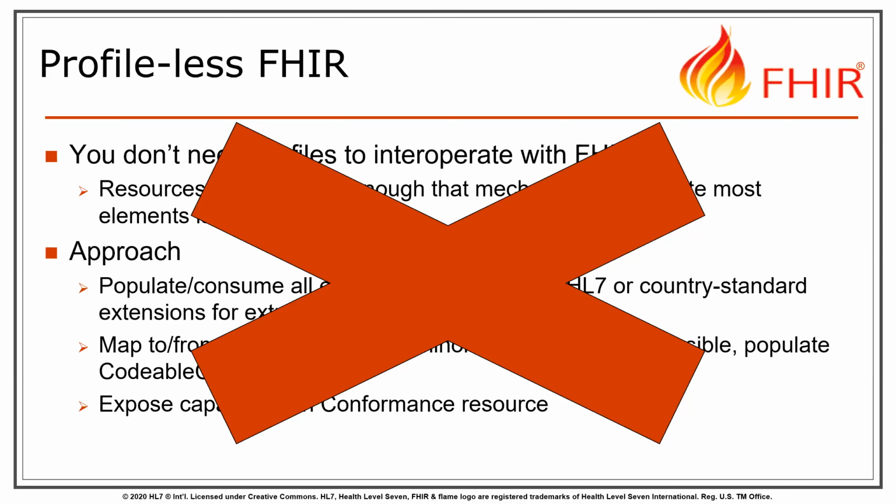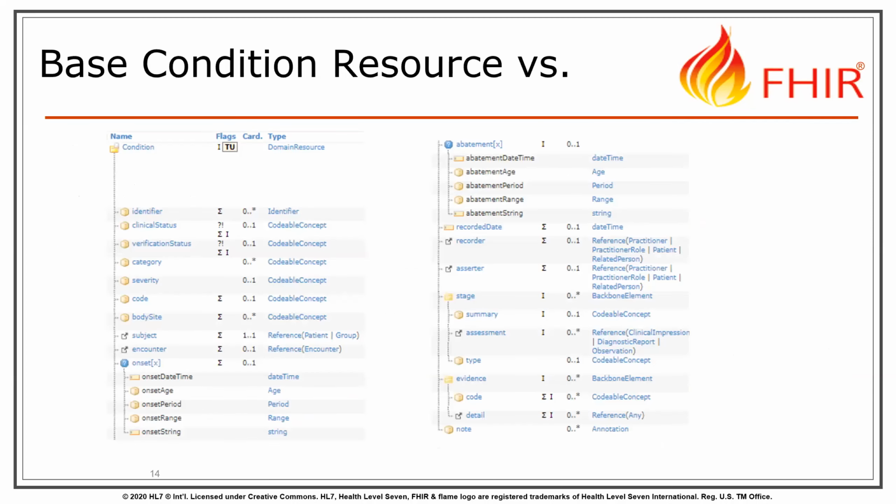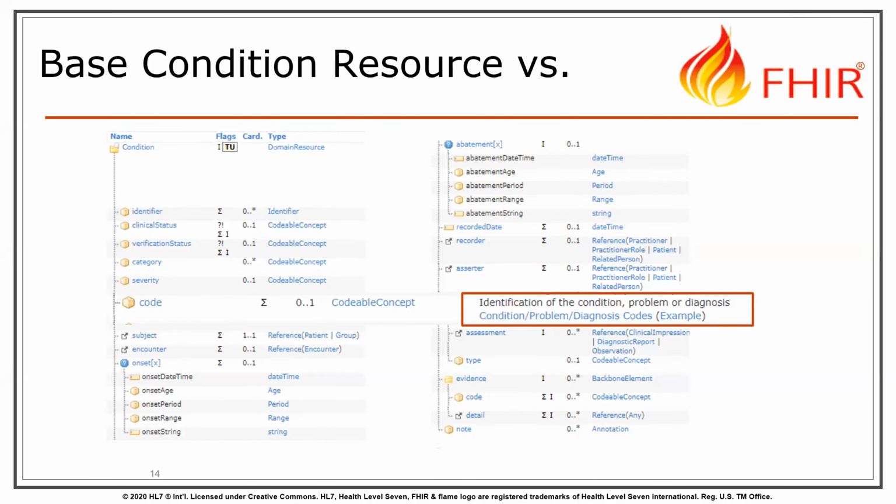So we chose to use the profiling way to do this. Looking at, for example, the base Condition resource, you can see there are a lot of elements with very little constraints on them. They're all kind of optional. Even if you look at some code systems in there, you can see that the codes are optional; it's an example code set.